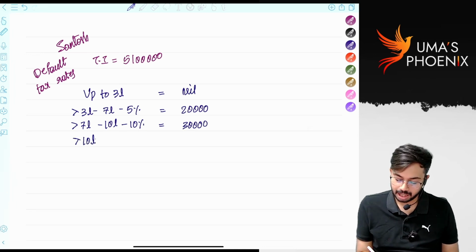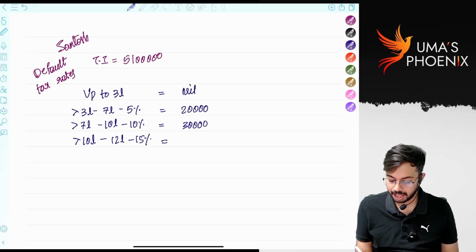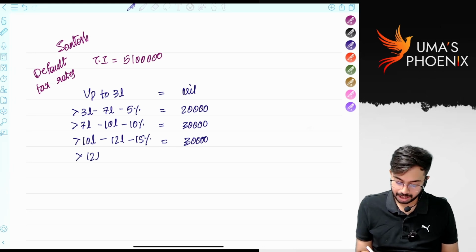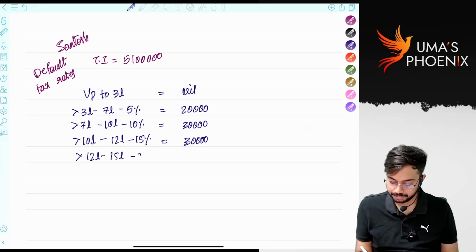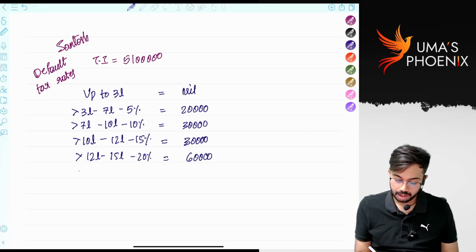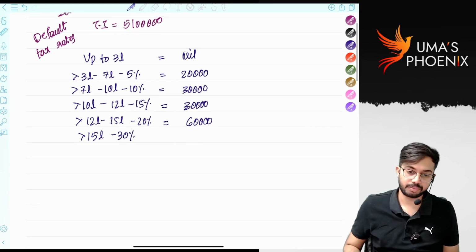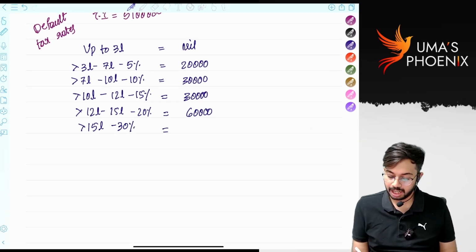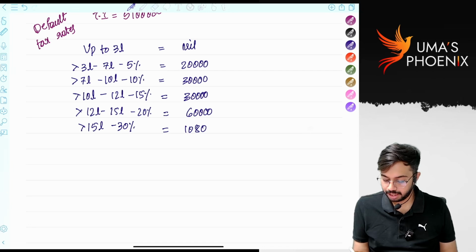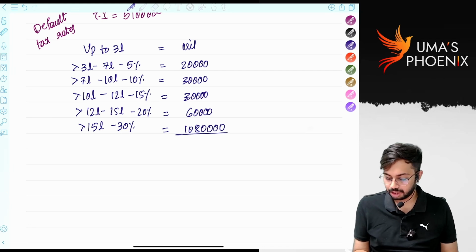Greater than 10 lakh up to 12 lakh, tax rate is 15%, tax amount is 30,000. Greater than 12 lakh up to 15 lakh, tax rate is 20%, tax amount is 60,000. Greater than 15 lakh, tax rate is 30%. So how much is tax? 10 lakh 80,000.